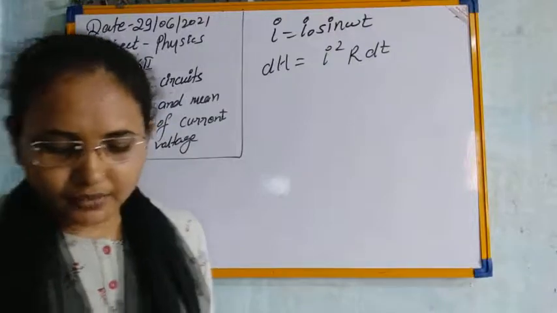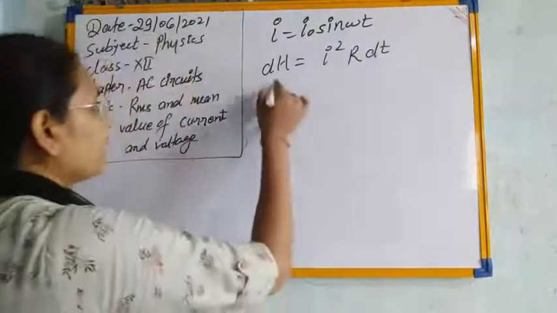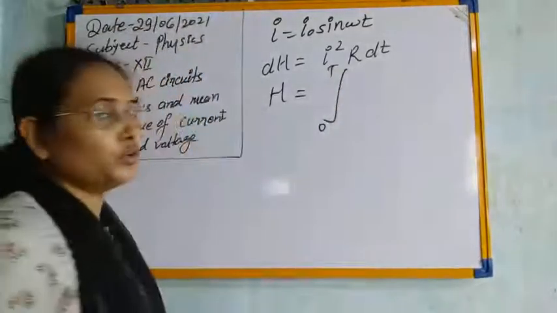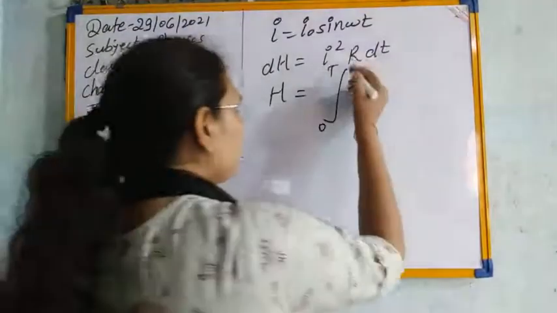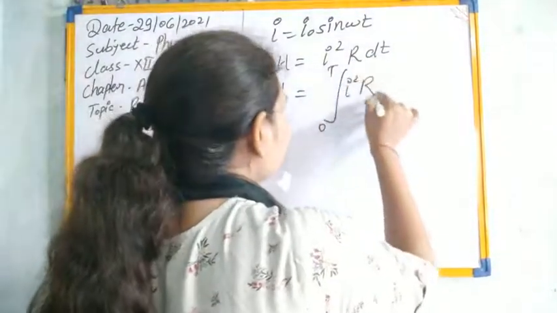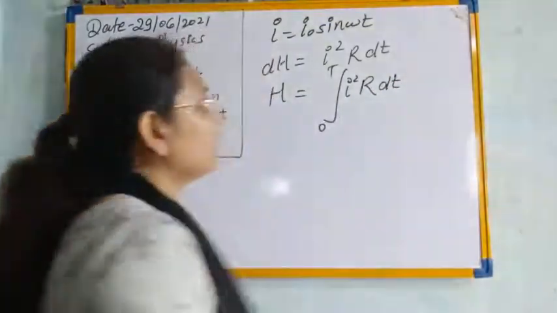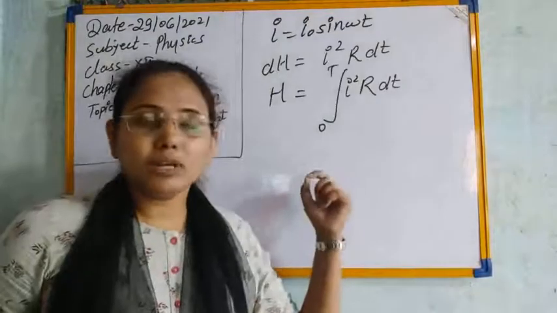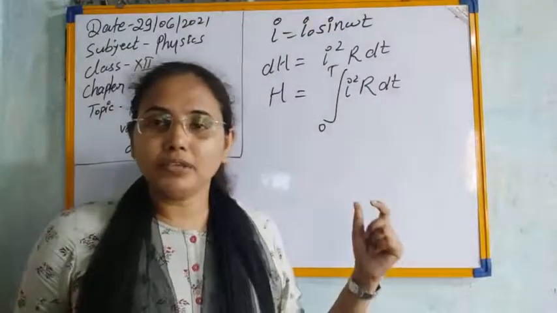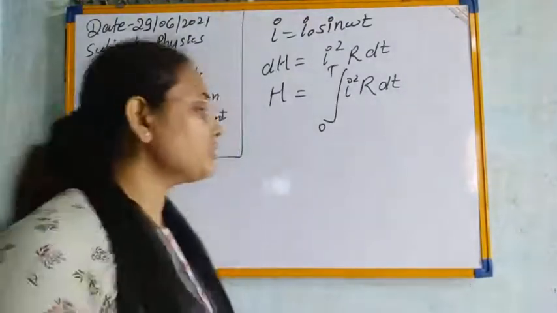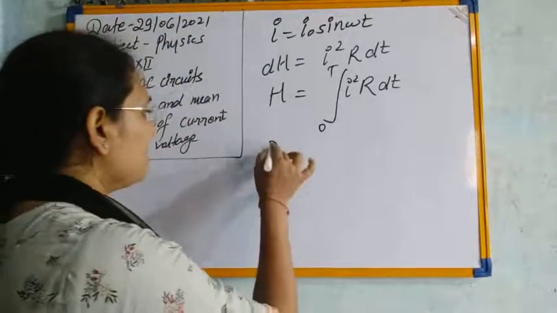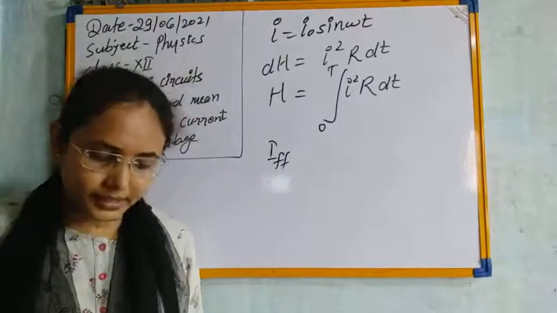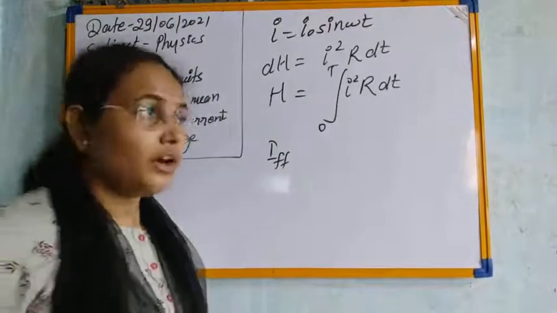Now we can calculate the whole heat produced during a complete cycle, from 0 to T. This will be the integral of I square R dt. Now this H will be equal to the value for the RMS value. Suppose I effective is the current flowing in the circuit for time capital T in DC.